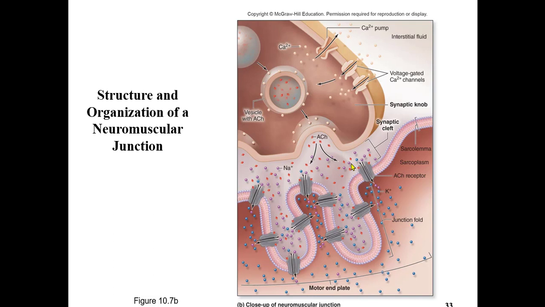So as sodium comes in and potassium leaves, we're creating a muscle action potential on the sarcolemma. So here's what we got so far on this slide.